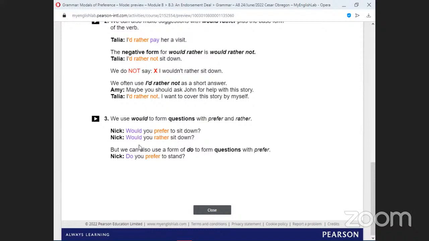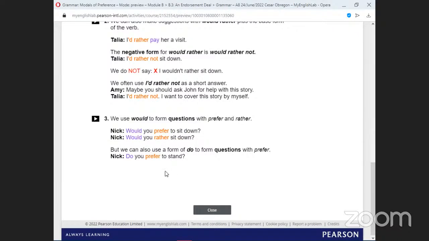But check out the difference. Would you prefer to sit down? We have to use a preposition here. With rather, we don't have to. We just go right into the action.